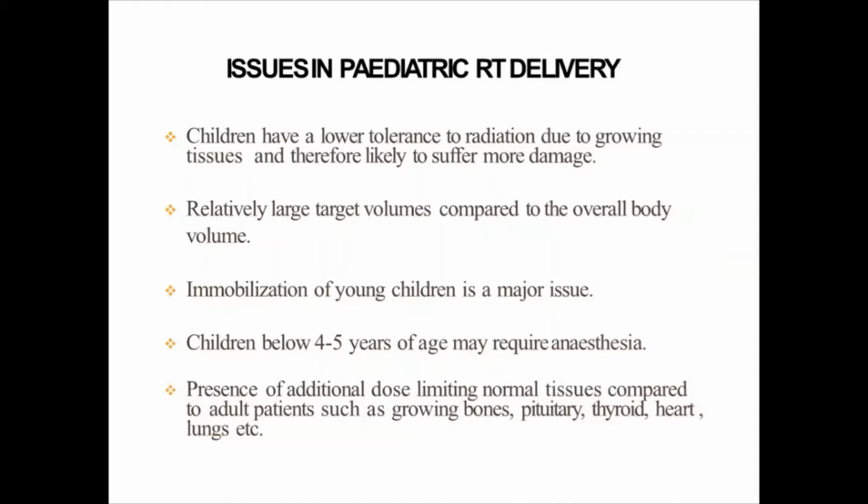Relatively large target volumes compared to the overall body volume. Immobilization of young children is a major issue. Children below 4 to 5 years of age may require anesthesia. There are additional dose-limiting normal tissues compared to adult patients, such as growing bones, pituitary, thyroid, lungs, etc.